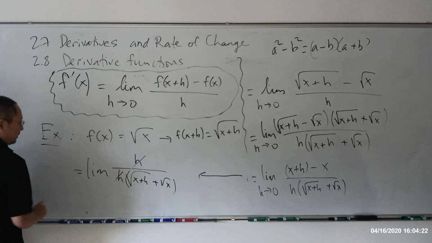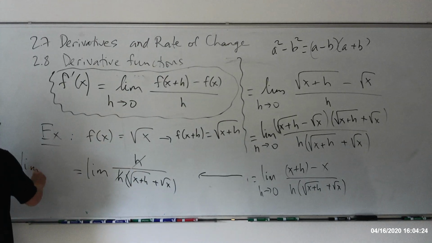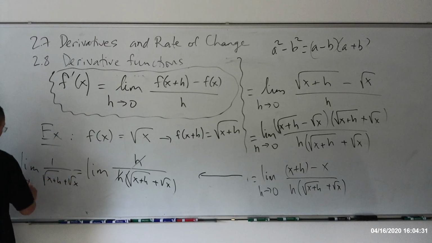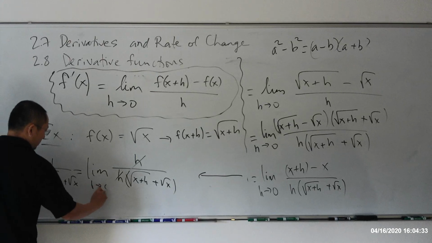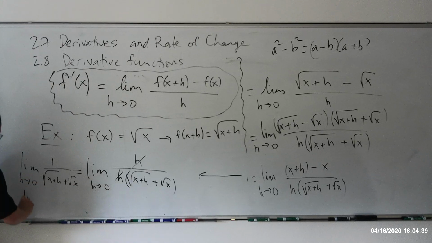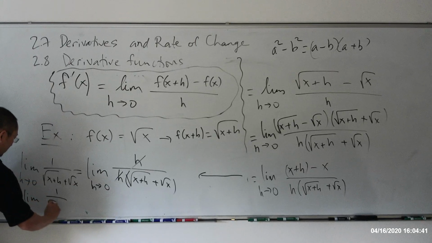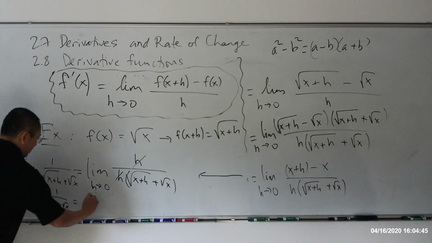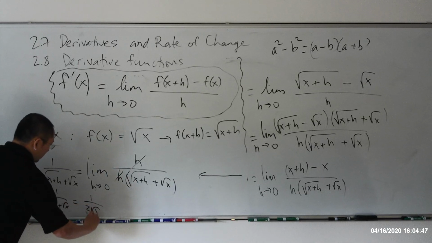I will have limit of 1 over square root of x plus h plus square root of x, when again h goes to 0. Okay? Now you're okay to plug in h equals 0. This is 1 over square root of x plus square root of x, with h equal to 0, and this is 1 over 2 square root of x.